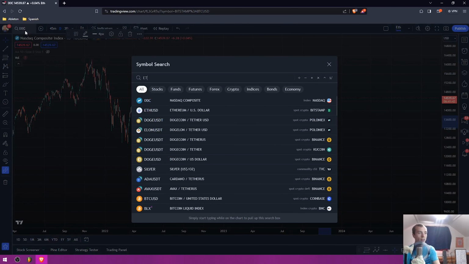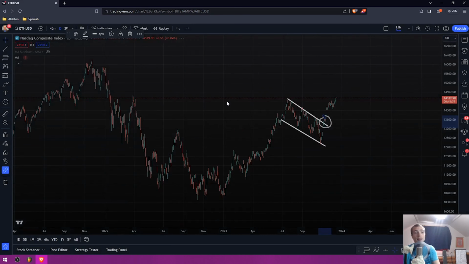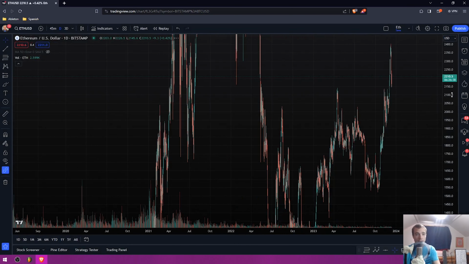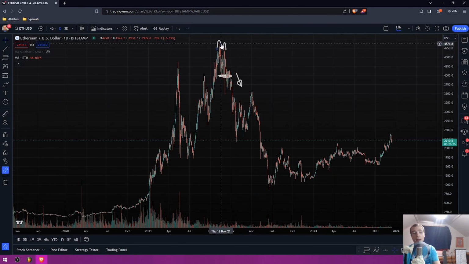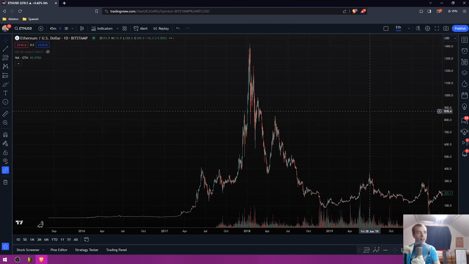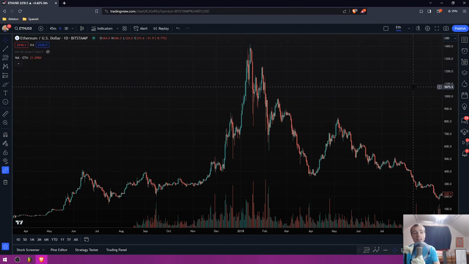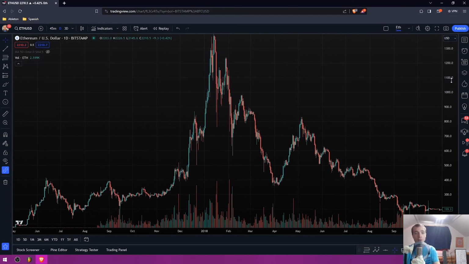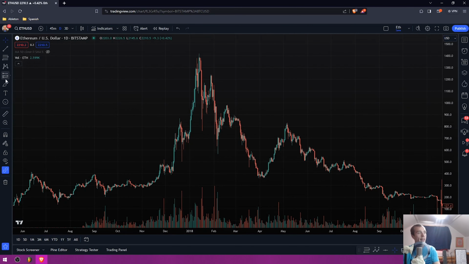So let's go back over to Ethereum and look at another example of a double top pattern. We looked at the double top that happened back here in 2021. Now let's look at the double top pattern that actually occurred back here in 2018. In 2018, price goes all the way up to 1,400 per Ethereum, and then all the way down to about 750. It finds a support level right here.